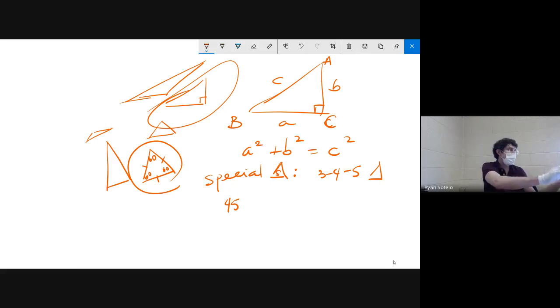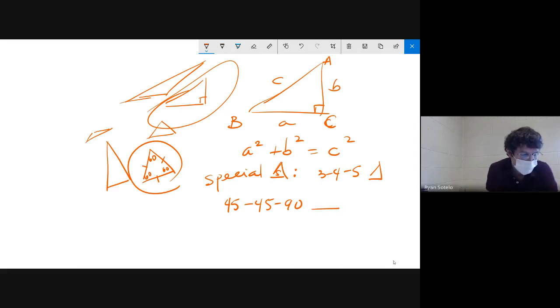If one's 45, the other's got to be 45 too, right? Do you guys remember, when I say 45, 45, 90, does that stick out in your mind? It's an isosceles.